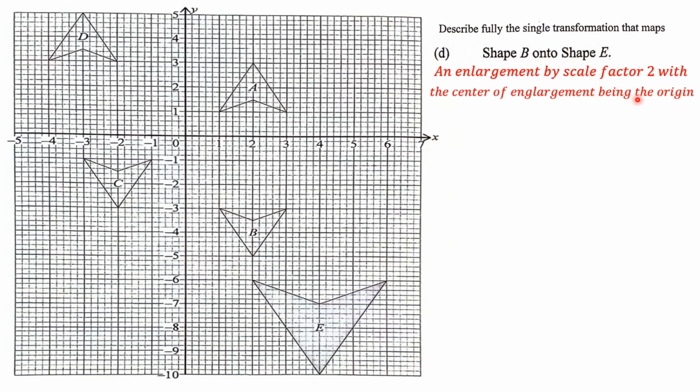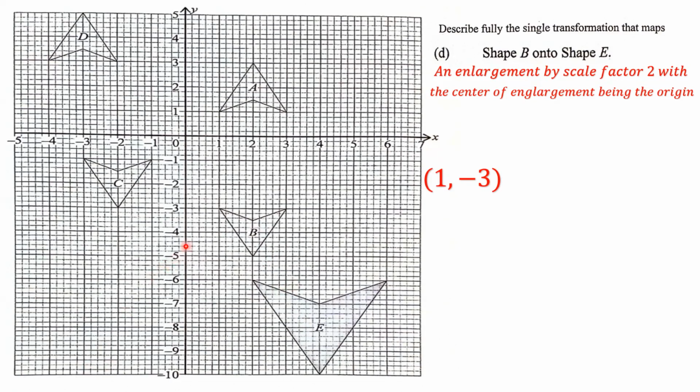Why would I say that? Well, if we look at B and E, it's getting bigger. That's clear. It's a resizing. Every time we're dealing with resizing, that's a dilation, or enlargement. So it's definitely getting bigger, but how much bigger? That's what we have to quantify.